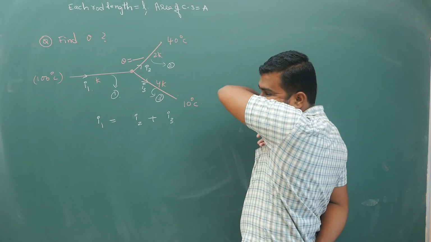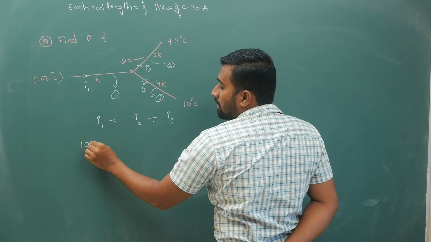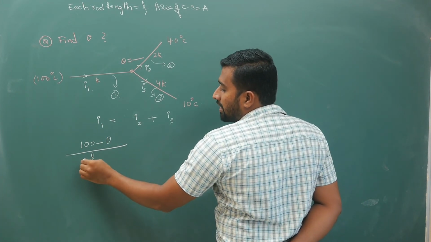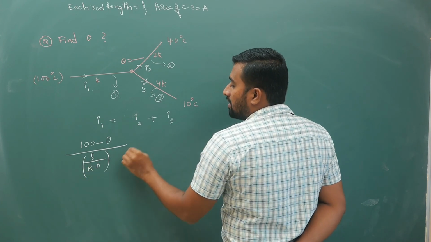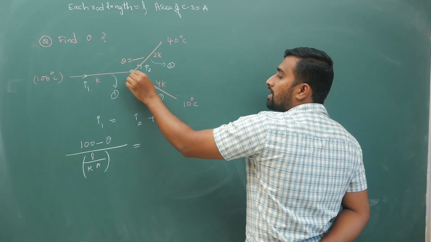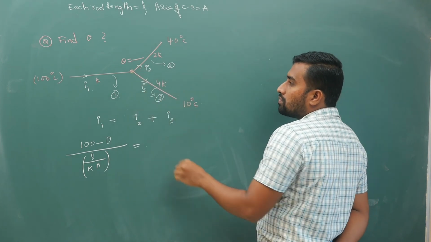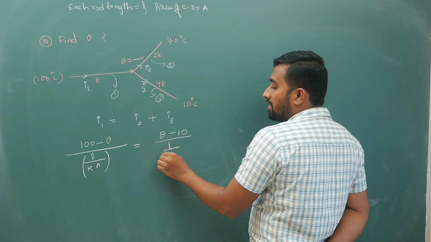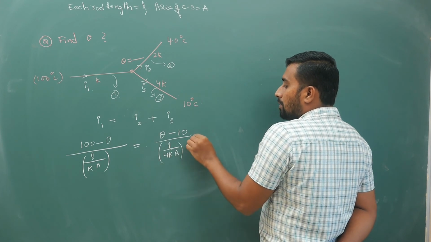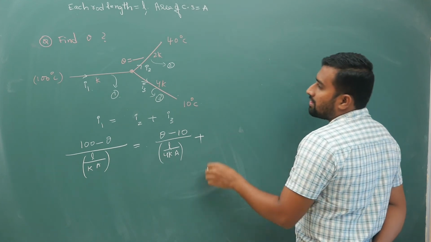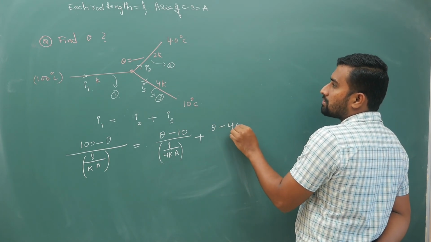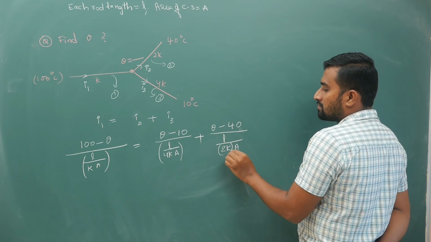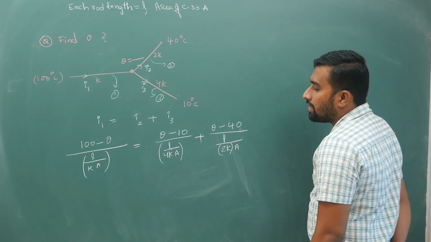Now your current I1 can be written as (100 minus theta) by resistance, L by K into A, is equal to, what is I2? Current flows from hot temperature to low temperature, so that is (theta minus 10) by L by 4K into A, plus this end's temperature is (theta minus 40) by L by 2K into A. Now solve for theta.